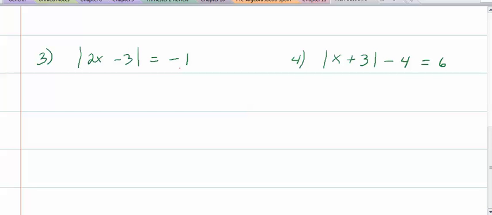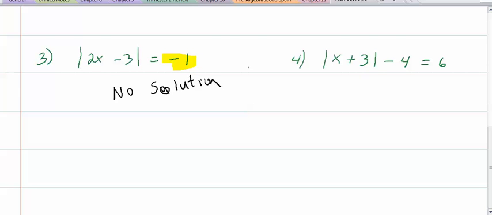So this equation right here is not possible, because you can never have a negative on absolute value. So what do you think this might be? I think you've already guessed it. No solution.